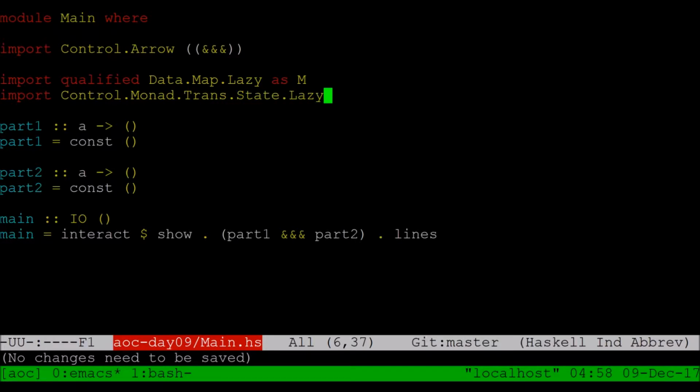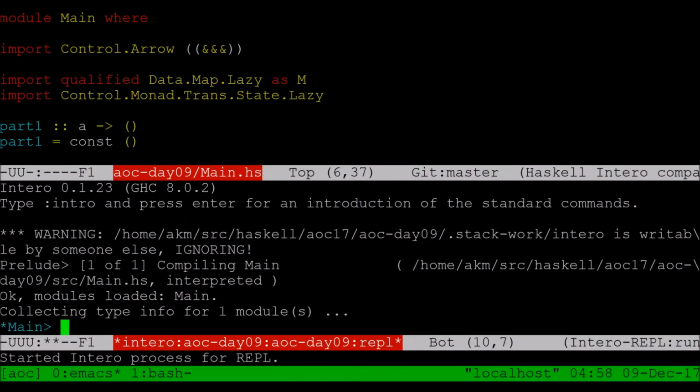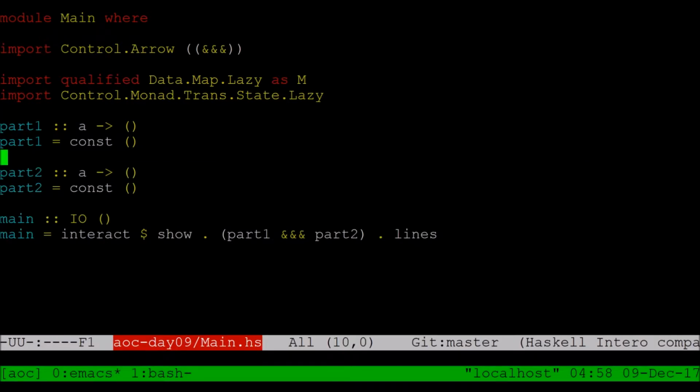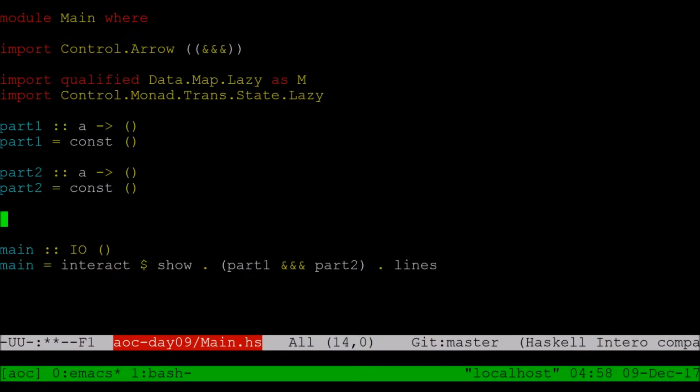Control.Monad.Trans.State.Lazy, sure. So I put a couple things in here that I might want at some point, and if I don't, that's life. I have a map lying around, I have a state monad. If I need some other monad, I guess I can get it, but let's go ahead and define parse as well.